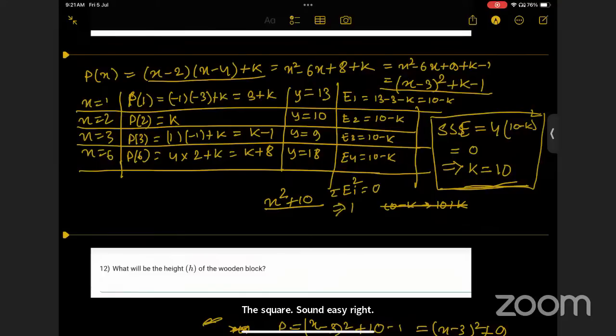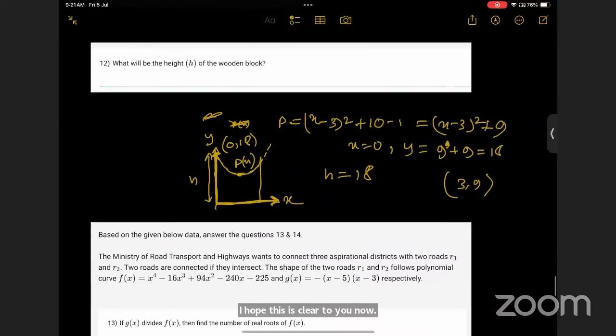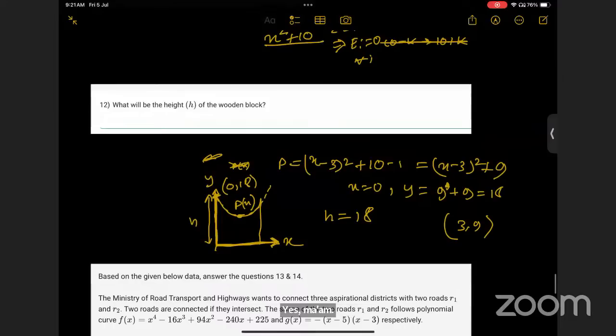And this means the errors are 0, right? I hope this is clear to you now. Yes. So, is it fine? The height is 18.